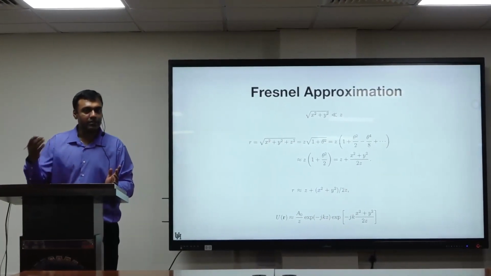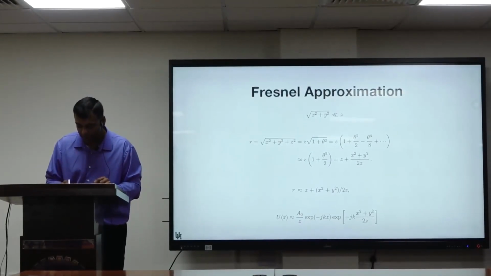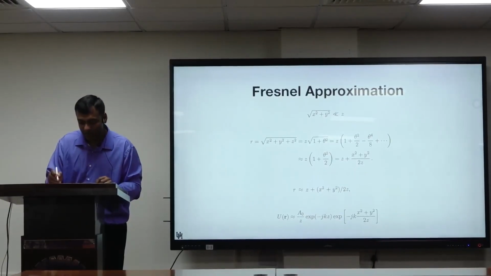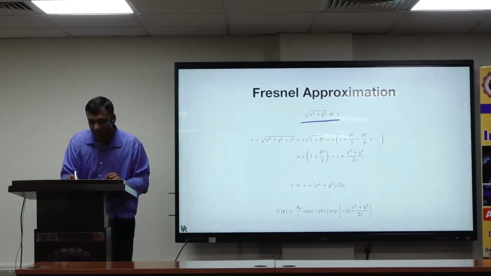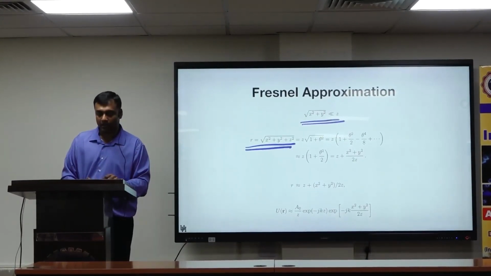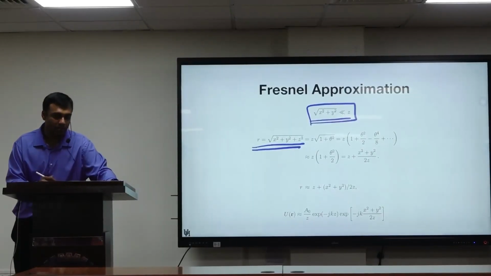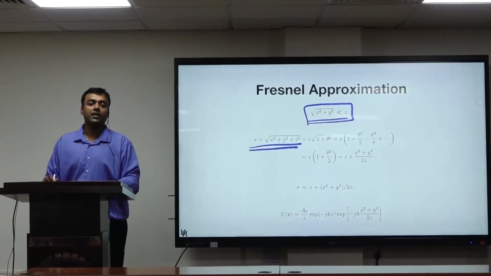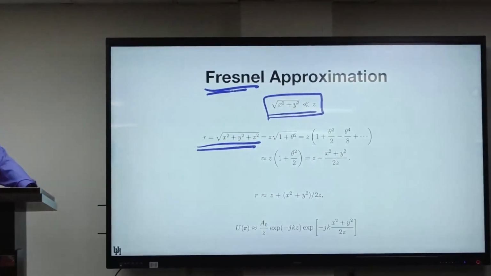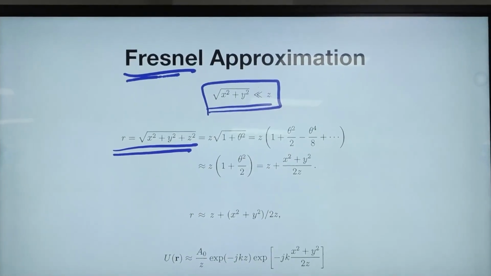So how do we get to that? Let's take a spherical wave. You have x, y, z in this, right? So r is the square root of x squared plus y squared plus z squared. Let's make the approximation that the square root of x squared plus y squared is much less than z. A scientist by the name of Fresnel, a French physicist and mathematician in the mid 1800s, came up with this.